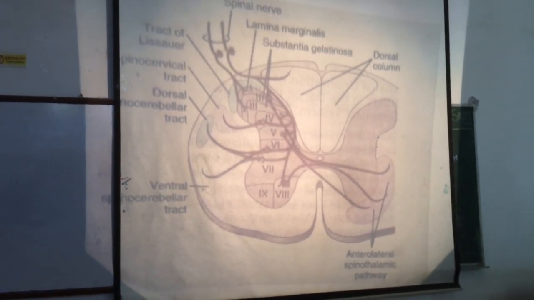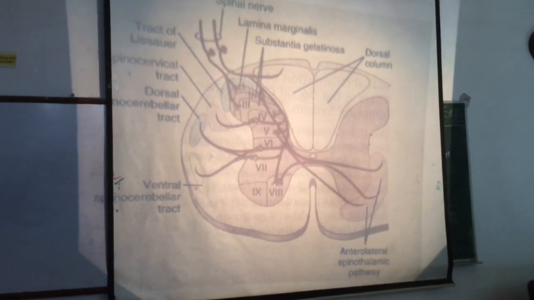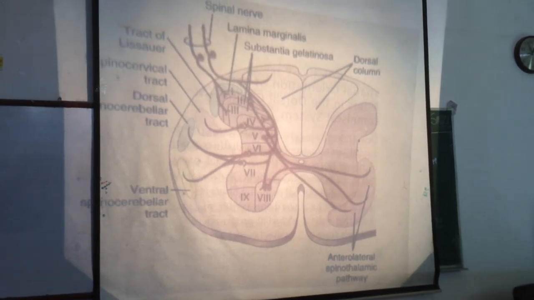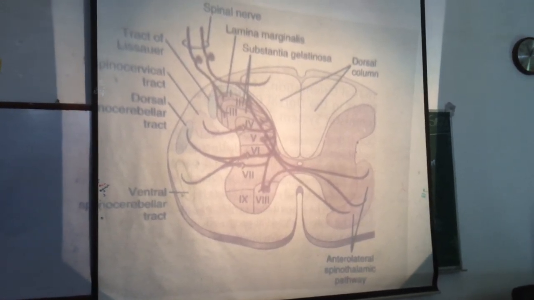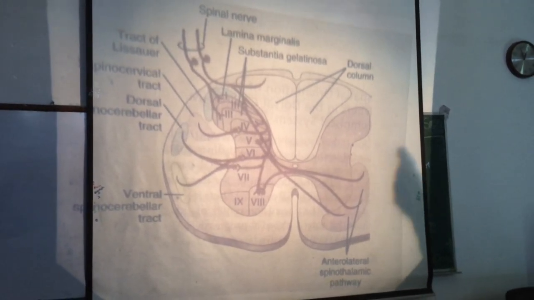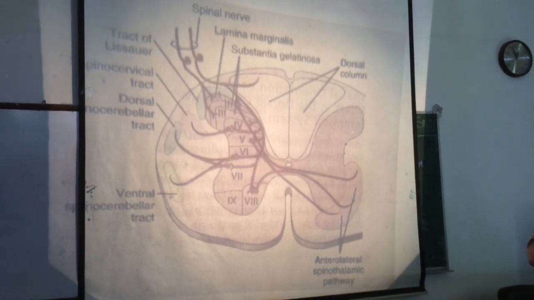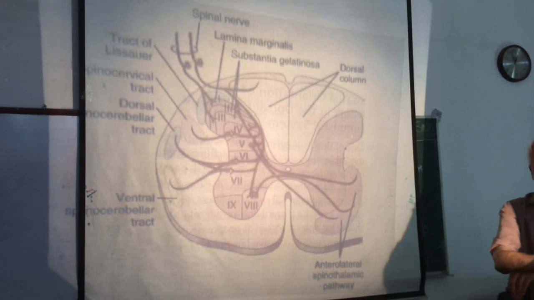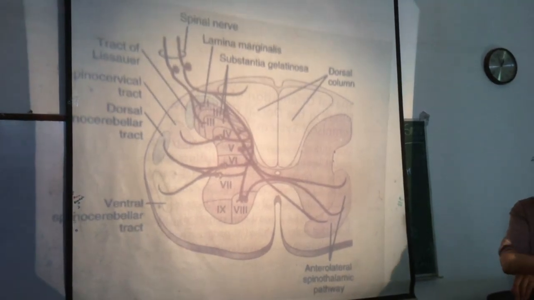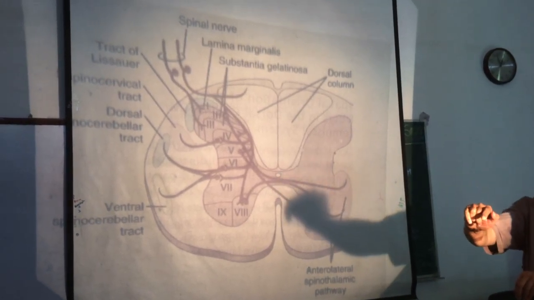The fourth group of neurons present in the posterior gray column is the visceral afferent nucleus. It is present lateral to Clark's column, and it receives impulses from the receptors in the viscera.